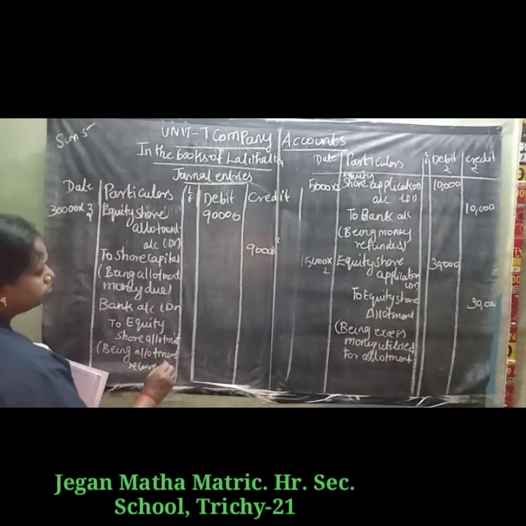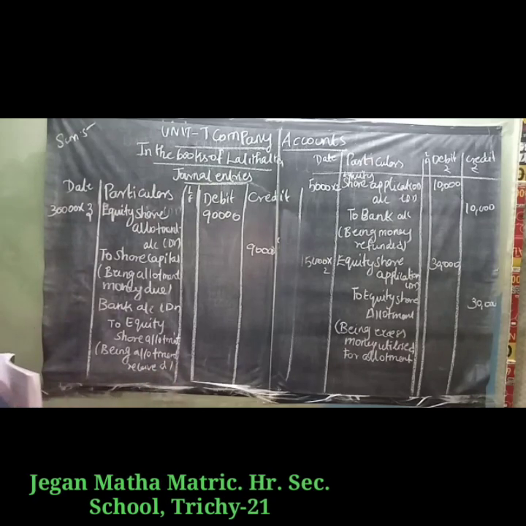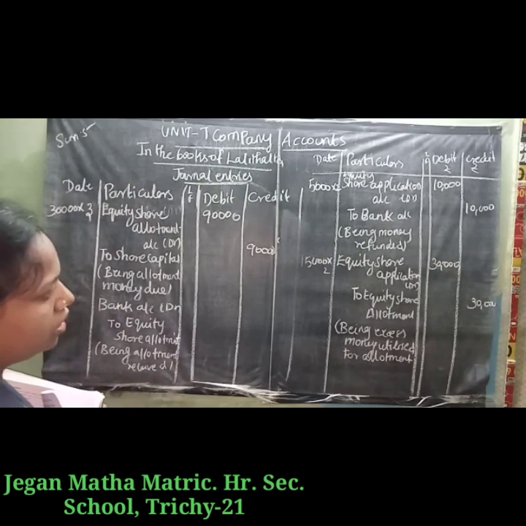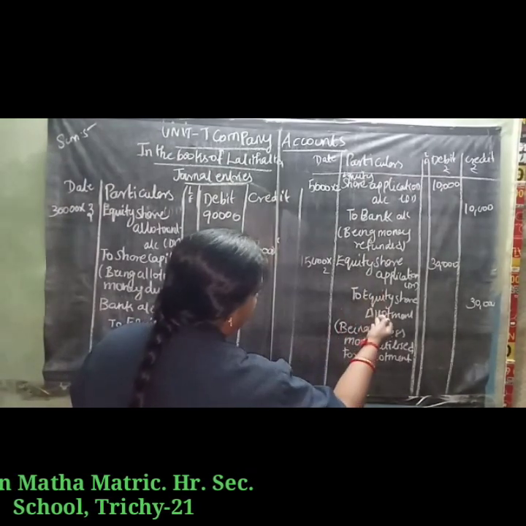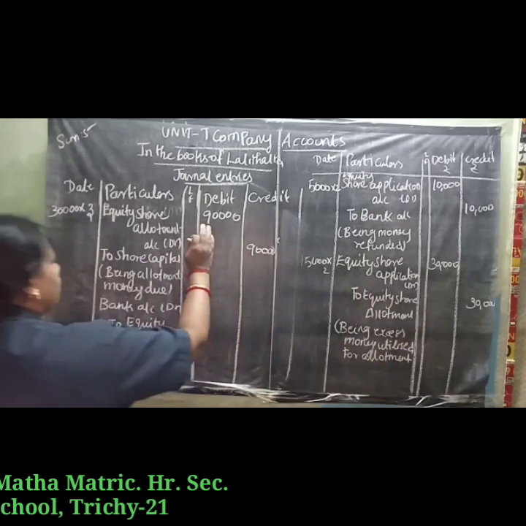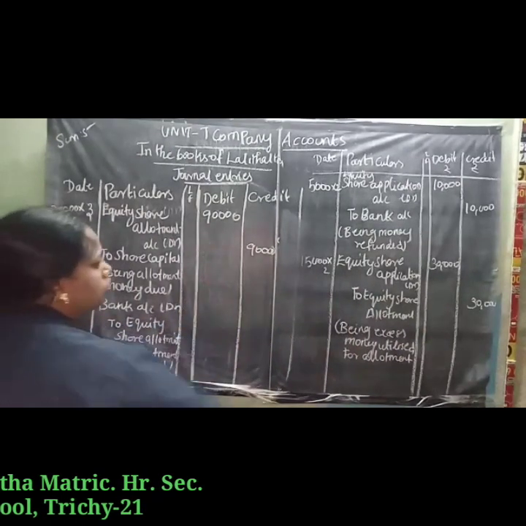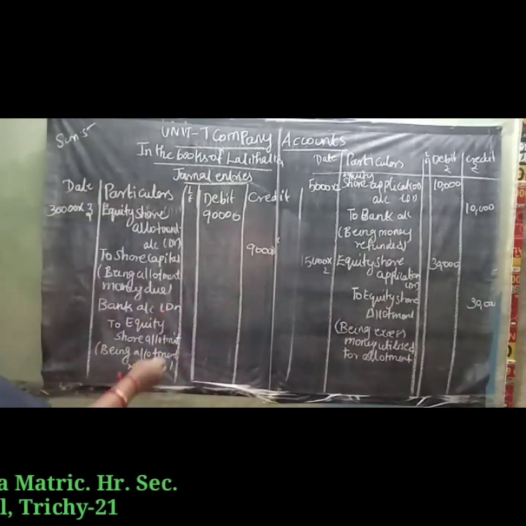So what is the amount? Already the excess application money is utilized in the share allotment, so share application account to share allotment 30,000. Then the allotment money due is 90,000, so 90,000 minus 30,000, 60,000.